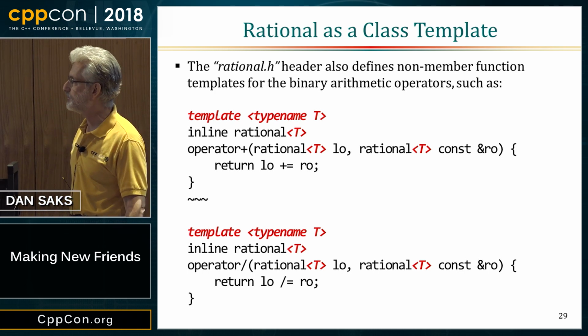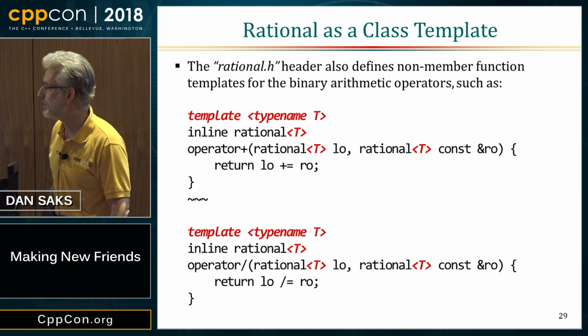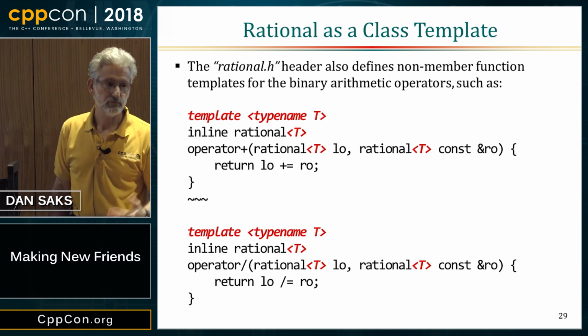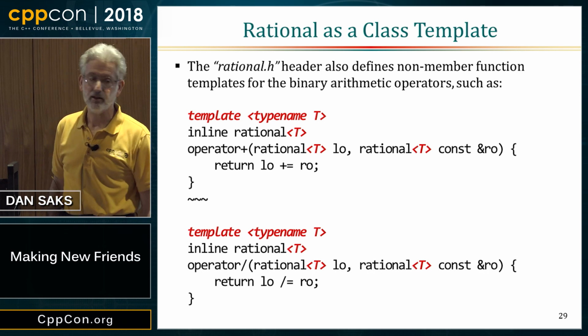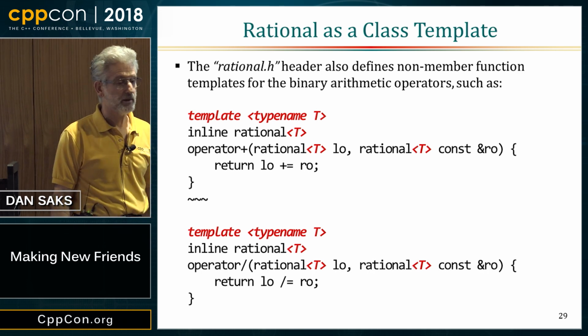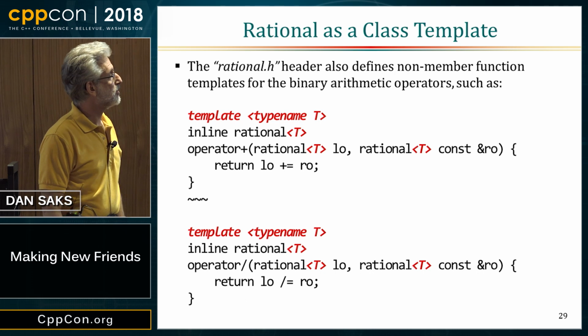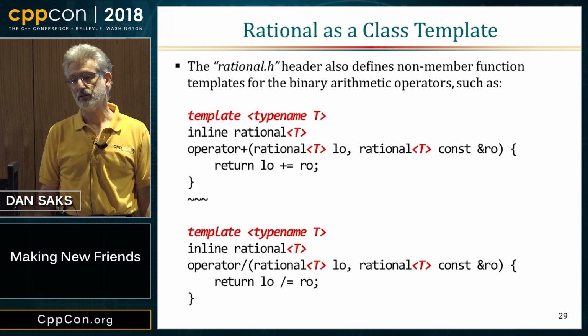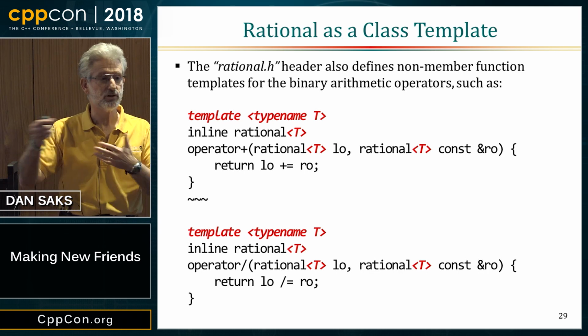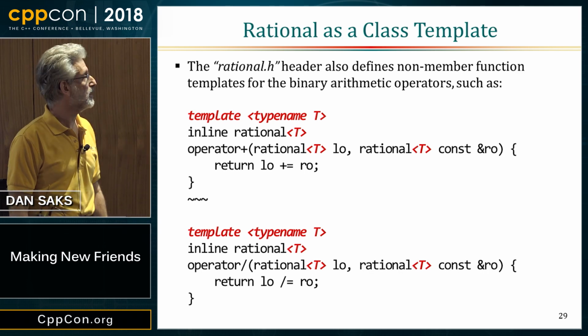Each one of these function templates is implementing plus and divide, etc. Now, this is outside the rational class itself, because we want these operator plus, operator minus, etc., to be non-member functions. Once again, because we want the conversions to apply on both, either the left or the right operand.